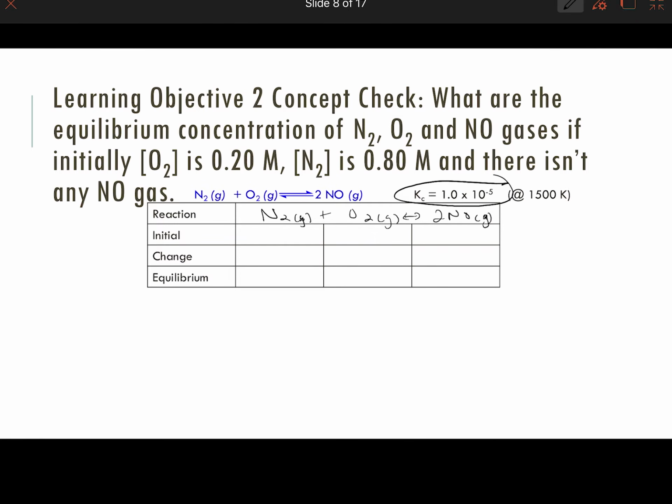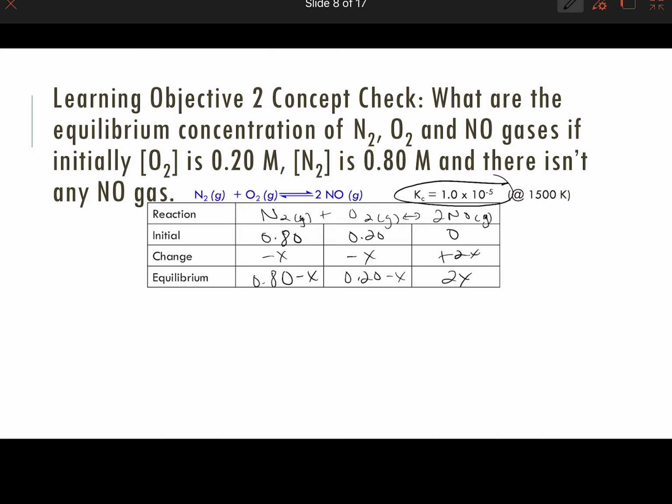When we start out, there was initially 0.20 molar O2 and 0.80 molar N2 and 0 concentration of our NO. Going to equilibrium, minus x here, plus 2x. We get 0.80 minus x, 0.20 minus x, and then 2x here.